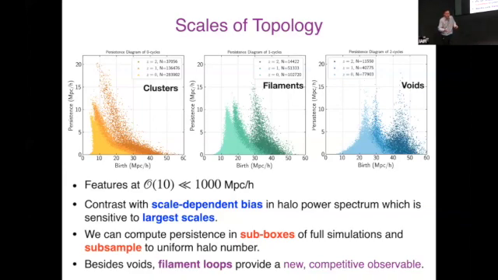We would then subsample in each of these sub-boxes with a uniform halo number. This division and subsampling is not only speeding up the computation greatly, but it also allows us to account for the variations of the halo numbers across different realizations of the same cosmology due to cosmic variance.